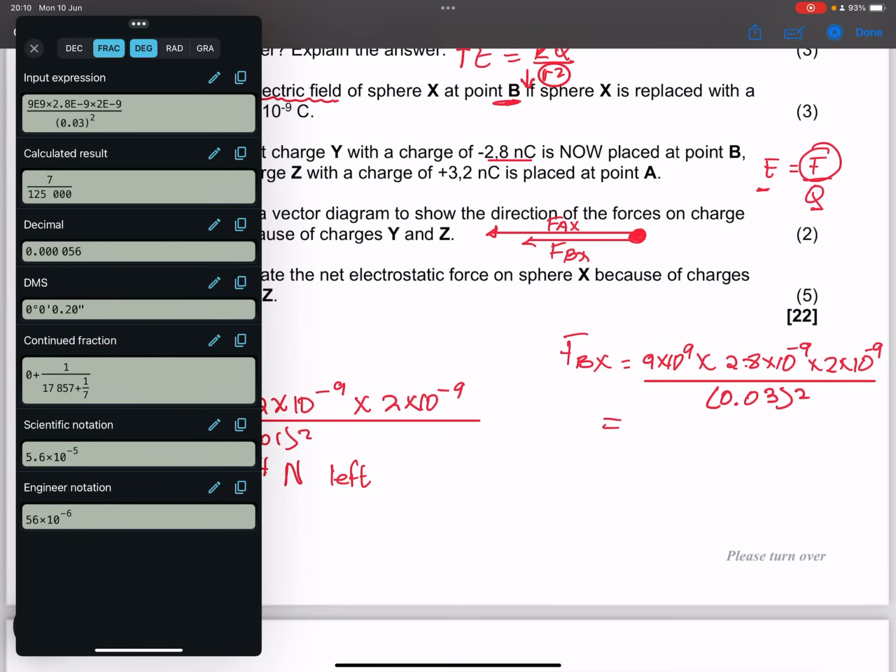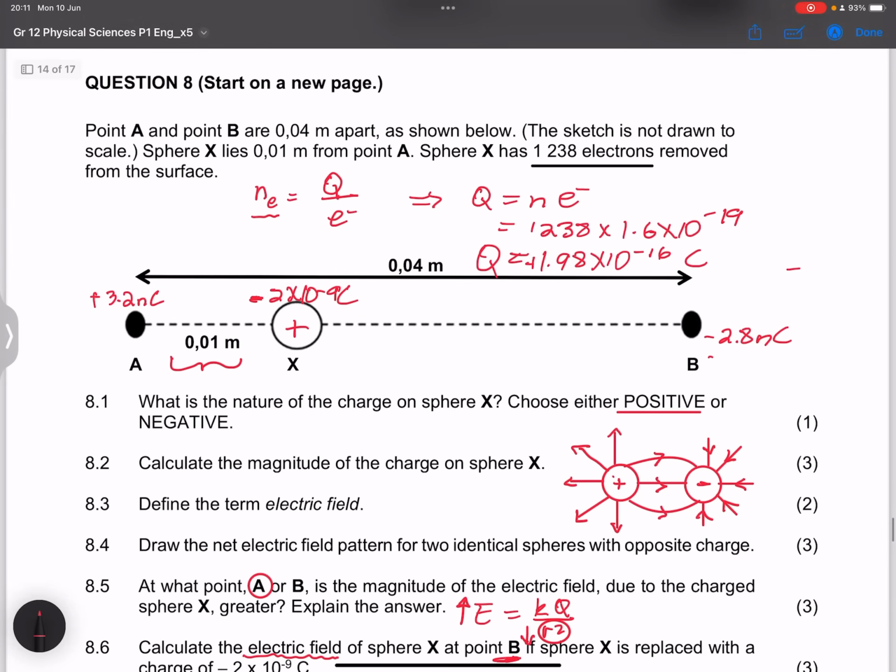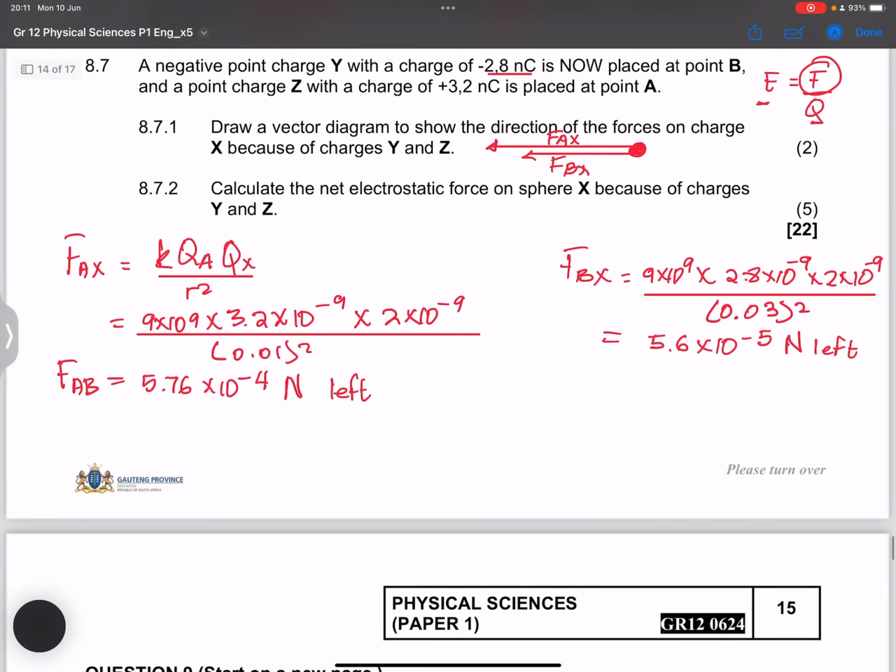That's going to be 5.6 times 10 to the negative 5 newtons. They are in the same direction, so also to the left. Okay, we did specify that sphere X would be repelled by B and it would be attracted by A, right? So in this case, what we're going to do is to find the net electrostatic force.